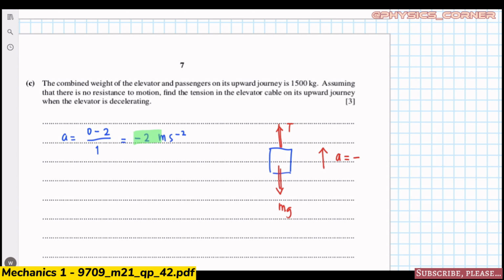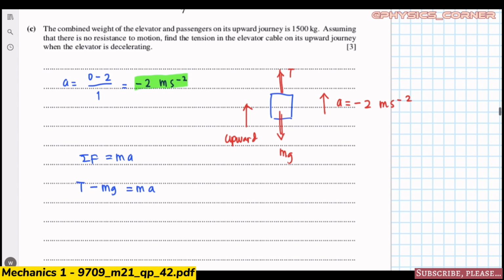Upward but decelerating. So the total force equals ma. So T minus mg equals ma.